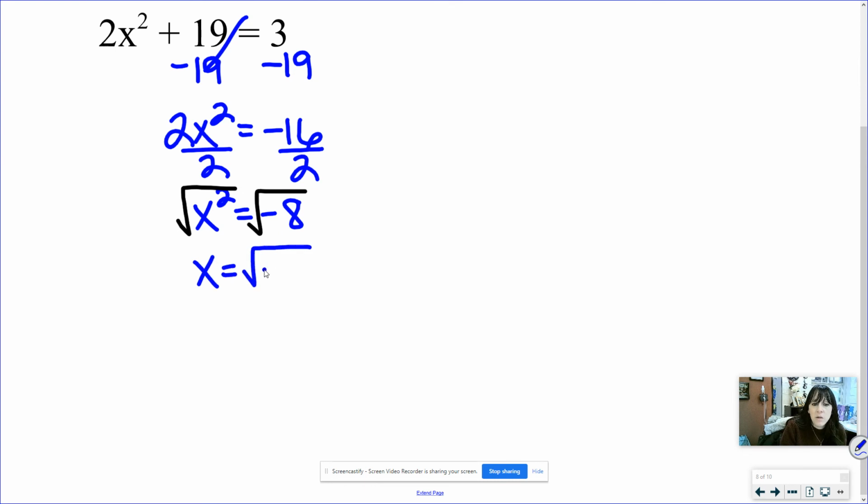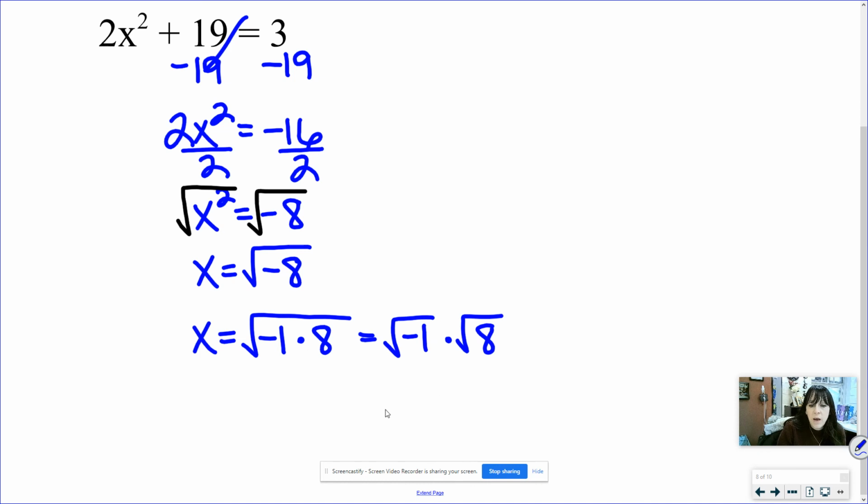Now, right now, it doesn't look like an imaginary number, but we know that if there's a negative inside the radical, that it's an imaginary. So we're going to simplify this, and we're going to write it in imaginary number form, just like we've been working on in this lesson.